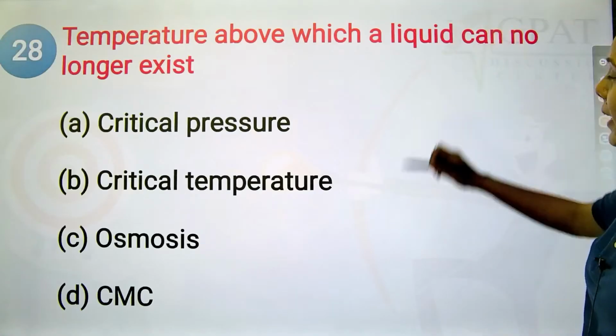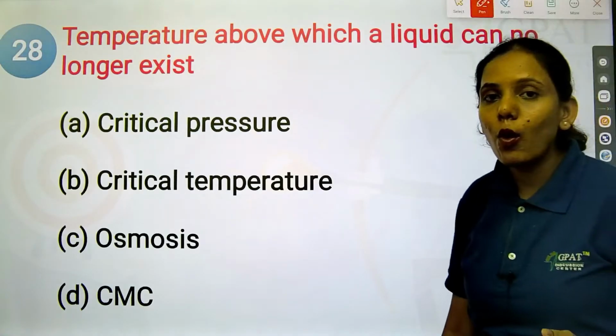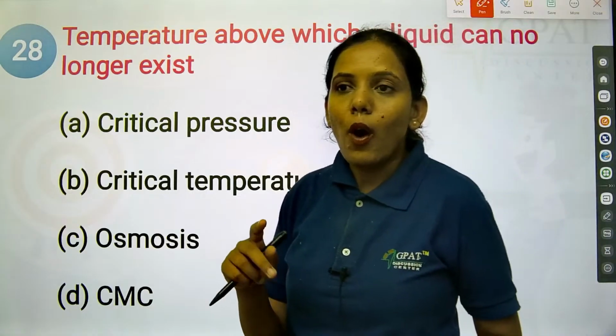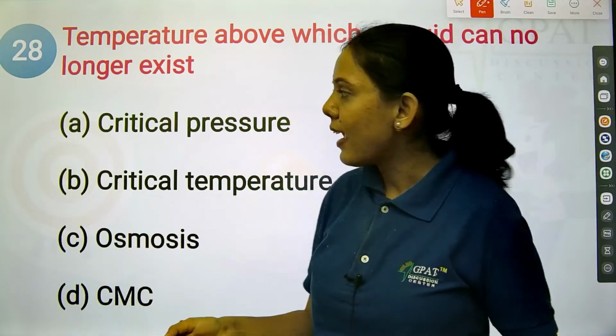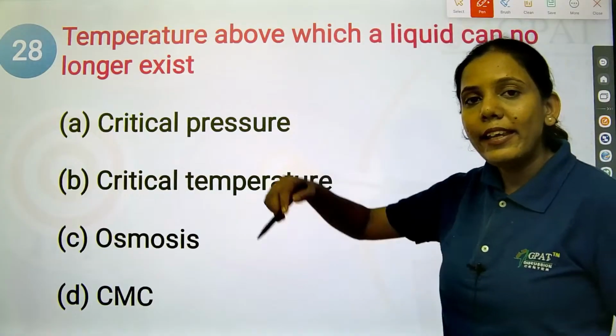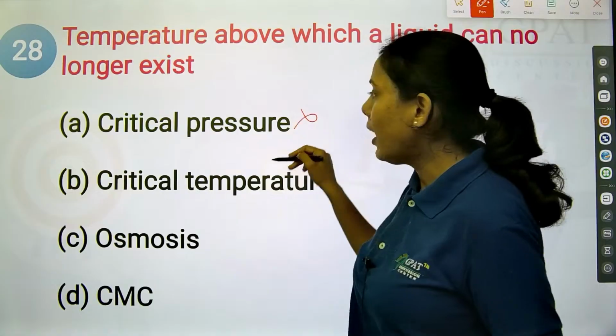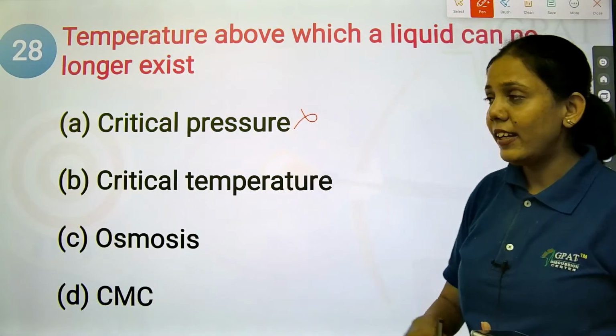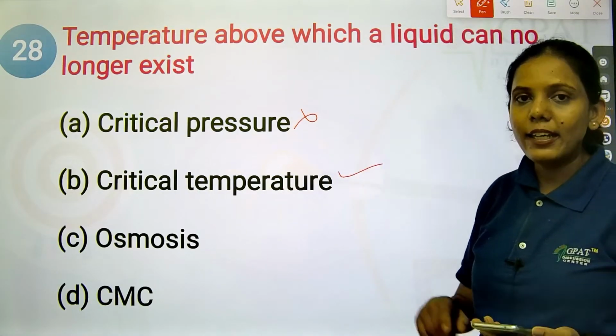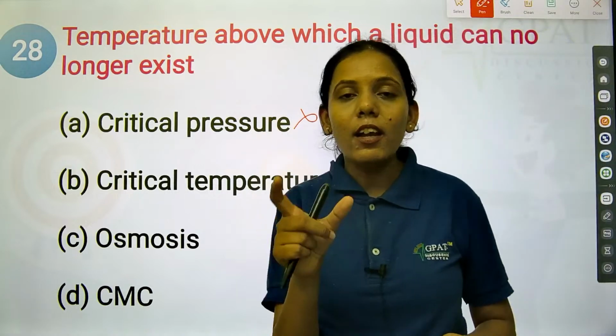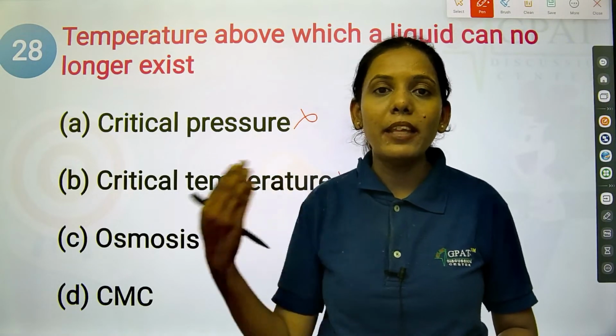Next is temperature above which a liquid can no longer exist. After which it will get converted into the gaseous form. Critical pressure. In the question, we are not talking about any kind of pressure, right? So critical pressure is not there. Next is critical temperature. Definitely critical temperature, the word critical tells you that something is being converted.